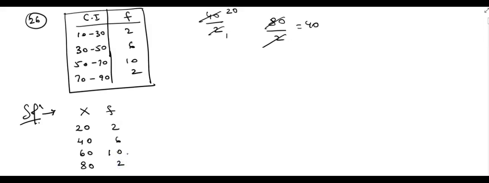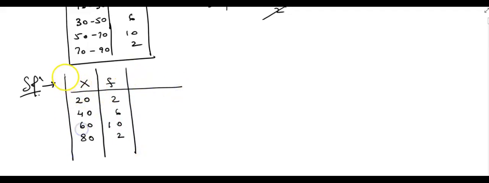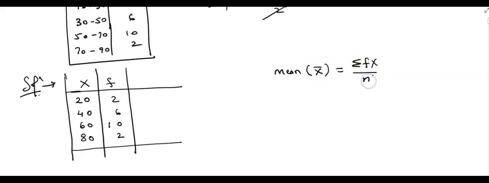Please follow the order. Now we have got the values of midpoint x and frequency f. Now what we should do, we have to find the mean. Mean is denoted by the symbol x bar. The formula is sigma fx by n.